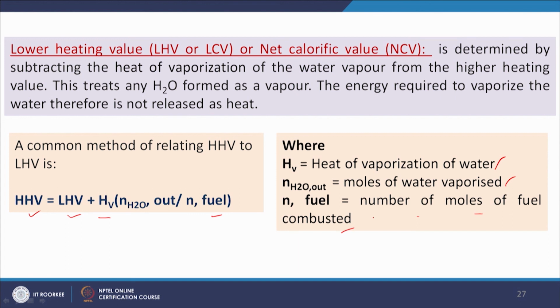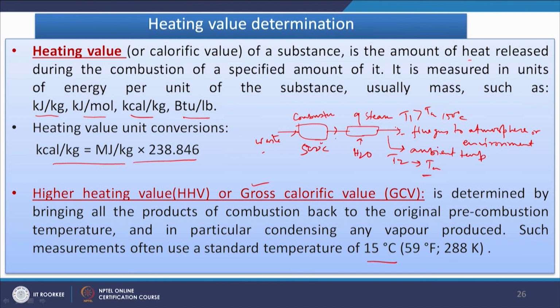So, how many moles of fuel is combusted and how many moles of water is produced by the combustion of this 1 mole of fuel, multiply it with the latent heat of vaporization of water, then add it to the LHV, that will be HHV, because we are assuming that the moisture which was generated is in steam form, it is not condensed. So, that energy is additional here and we are not able to take it out. If we add this energy to the LHV, we will get the HHV. Up to this in this class, thank you very much for your patience.